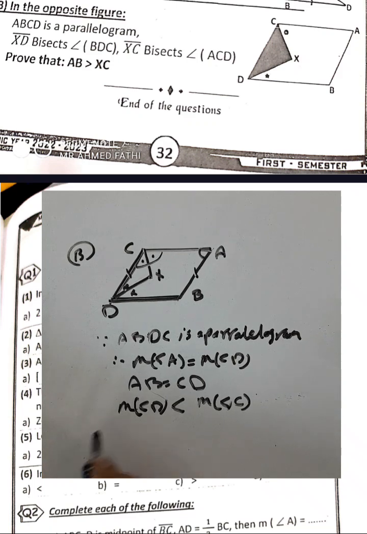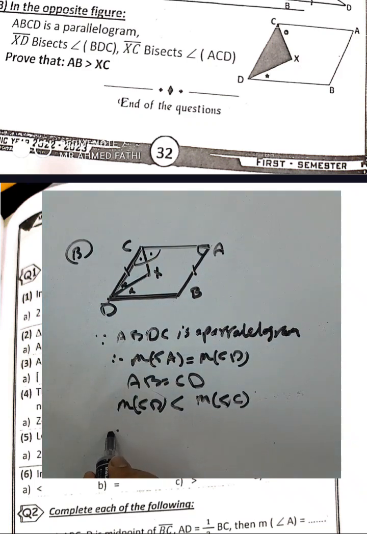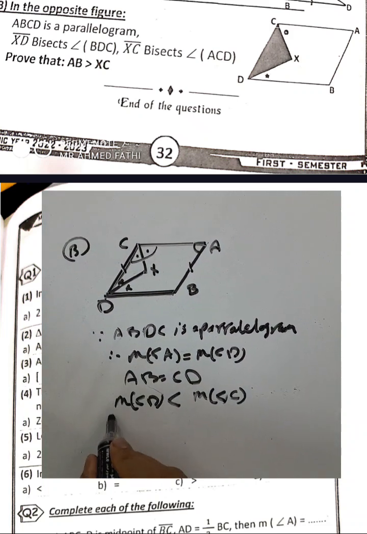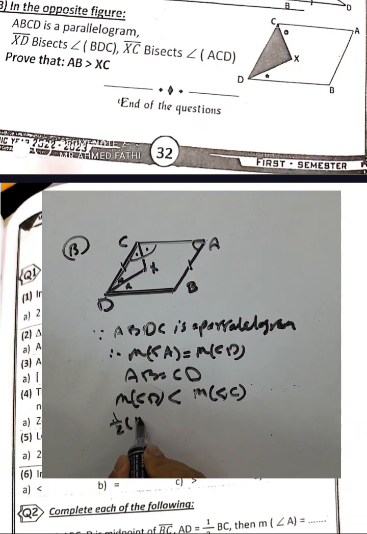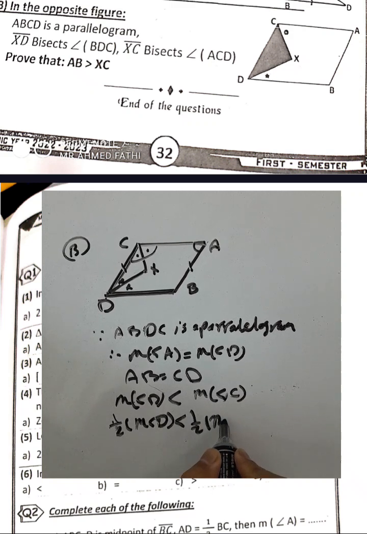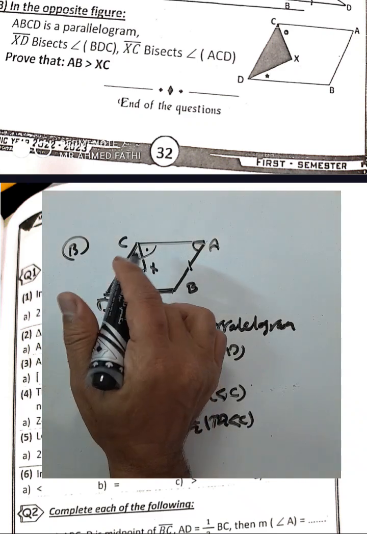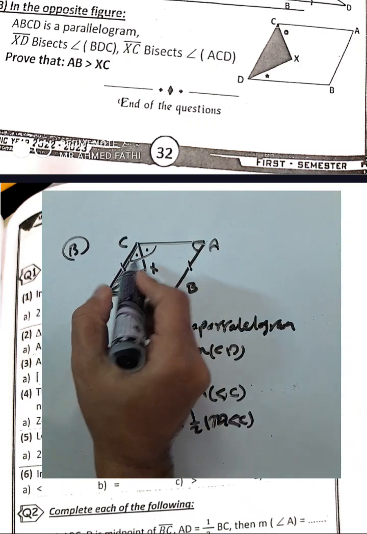We have the bisector, XD bisects the angle, so we can divide by 2 on the left hand side and right hand side. Half the measure of angle D will be less than half the measure of angle C. This angle I put here as 1, and this angle will be 2.